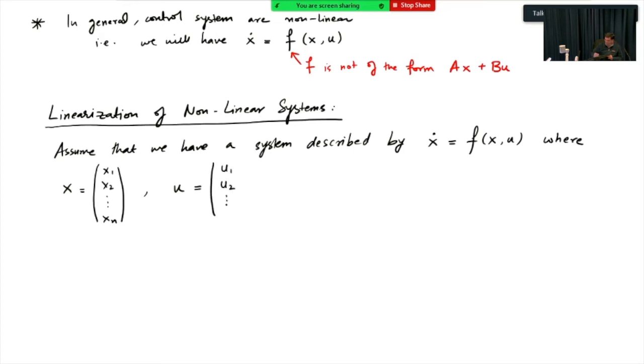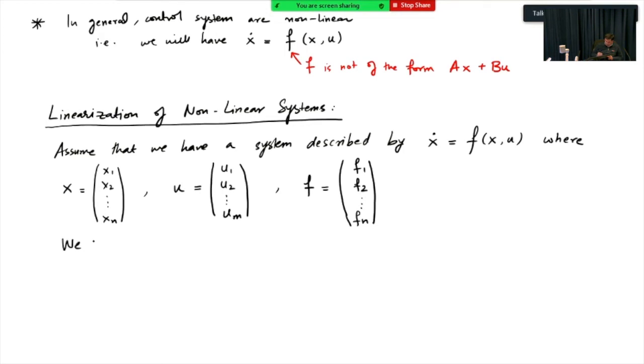Obviously you can have a different number of inputs, so let's say there are m inputs, and the vector u represents all the inputs. The function f can also be a vector function, so it's also f1, f2, all the way to fn, because you have n states, so you can have n different functions.